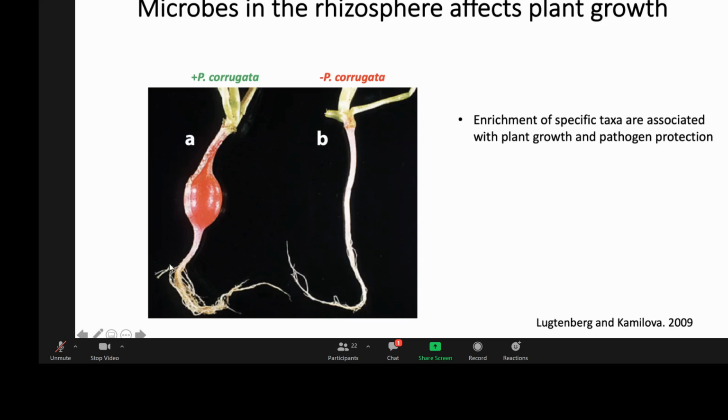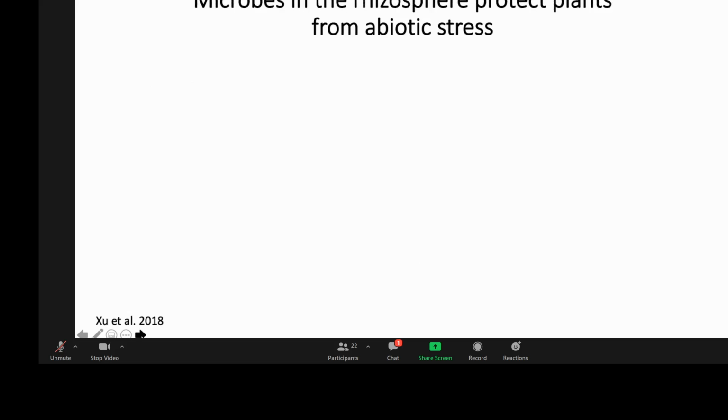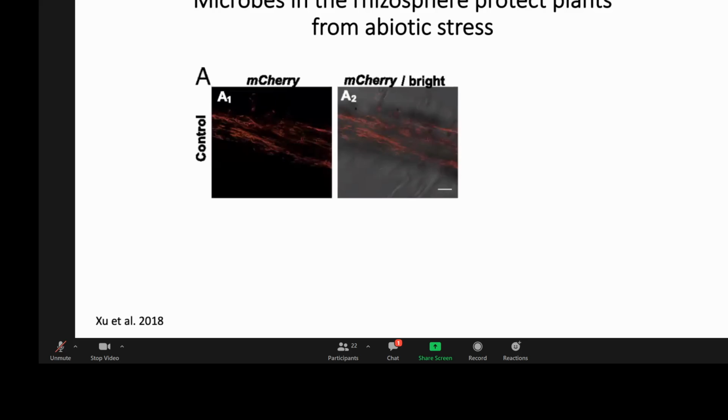In addition to microbes affecting plant growth, it is also known that microbes protect plants from abiotic stress. And one abiotic stress that microbes protect plants from is drought, which is particularly important in climate change. In a study done by Devin Coleman Derry's group, they looked at the enrichment of the bacterium Streptomyces in the rhizosphere of sorghum plants.